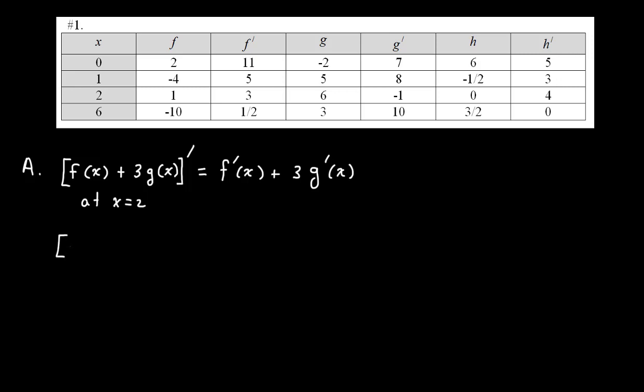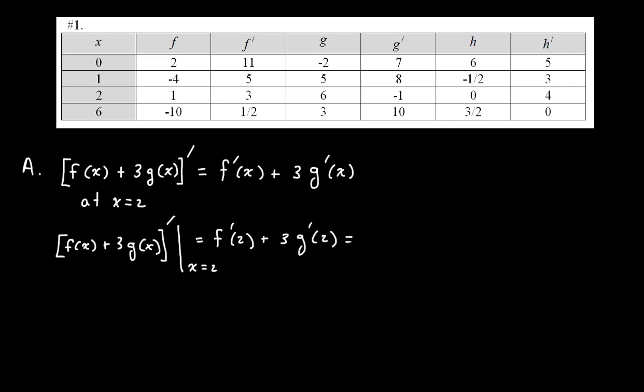One way we can express that is to say f of x plus 3 g of x, prime, but then I'll put a slash and say we're going to evaluate that at x equals 2. So this is going to come out to be f prime of 2 plus 3 g prime of 2.